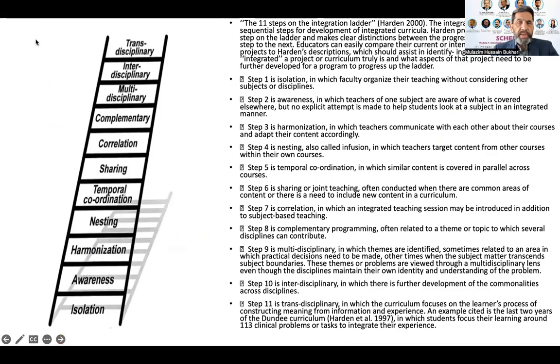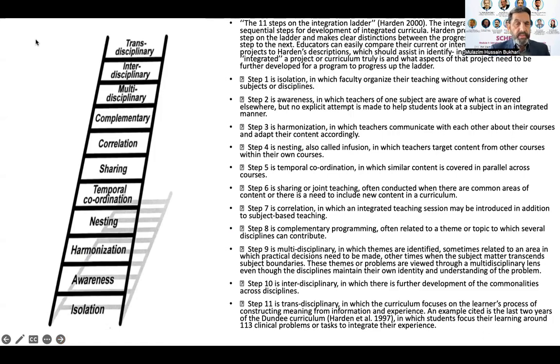How do we develop the integrated system? All should know the steps of Harden. These are the different steps of Harden that any institution wanting to develop its curriculum from traditional to integrated should follow: these 11 steps.